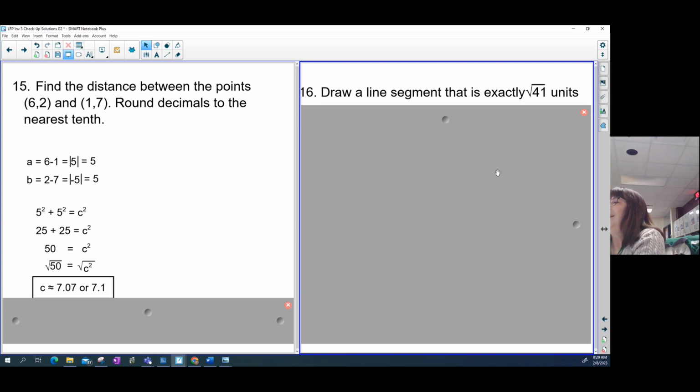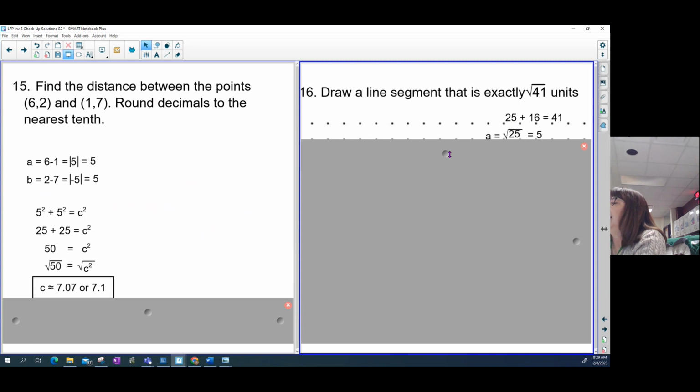16 wanted us to draw a line segment that was exactly the square root of 41 units long. So we're going to look at our perfectly square numbers. We need 2 of them that add up to 41. So I found 25 and 16 add up to exactly 41. To find my side lengths, I need to take the square root of those 2 numbers.